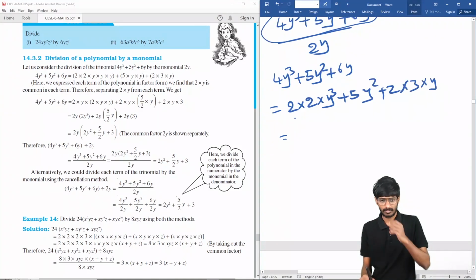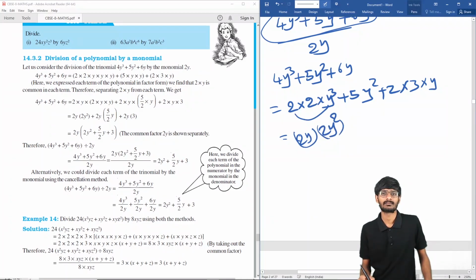So, okay, students, how can we write it? We can write it as 2 into y into 2y square. Here also we can write it as 2y into 5y by 2. 2 will cancel and 5y remains.